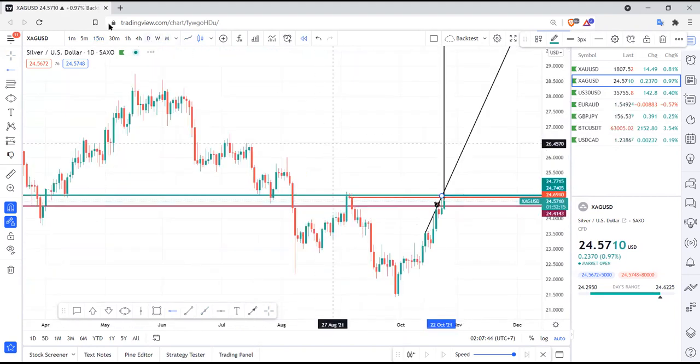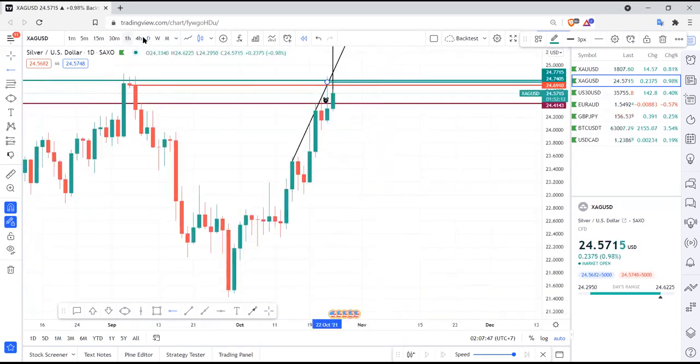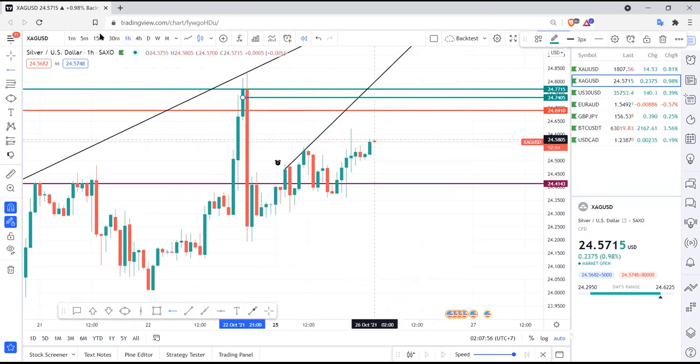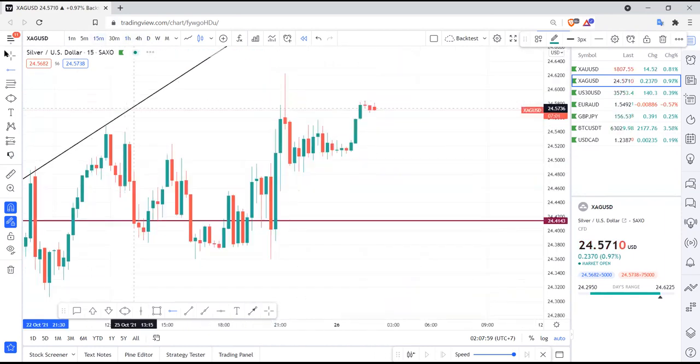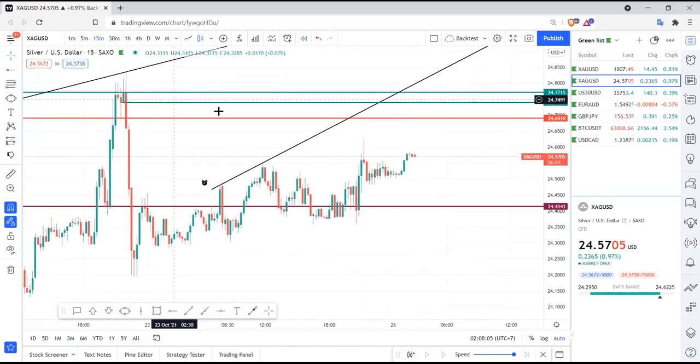This is the daily setup. Daily breakout, the red line. Then the red line will be the daily key level, and then H1 setup. M15 breakout for the nearest TP. Nearest TP is H4, because H1 to H4.